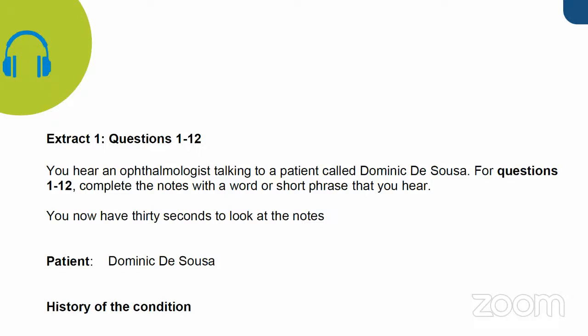In each extract, a health professional is talking to a patient. For questions 1 to 24, complete the notes with information you hear. Now look at the notes for extract 1. Extract 1, questions 1 to 12. You hear an ophthalmologist talking to a patient called Dominic de Sousa. For questions 1 to 12, complete the notes with a word or short phrase that you hear. You now have 30 seconds to look at the notes.